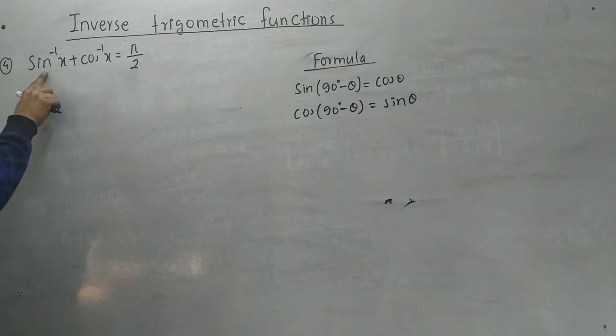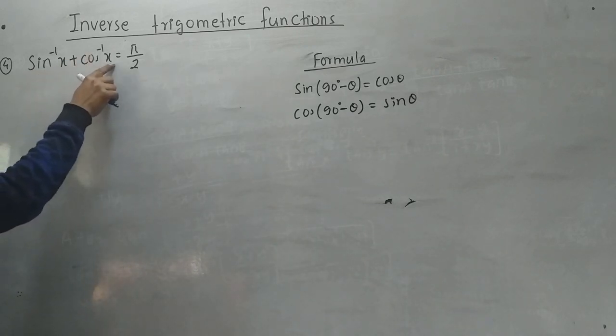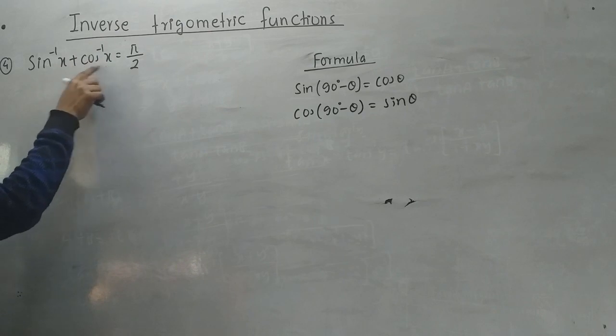So here it is sin inverse x plus cos inverse x equals pi by 2. Here it contains only one variable.